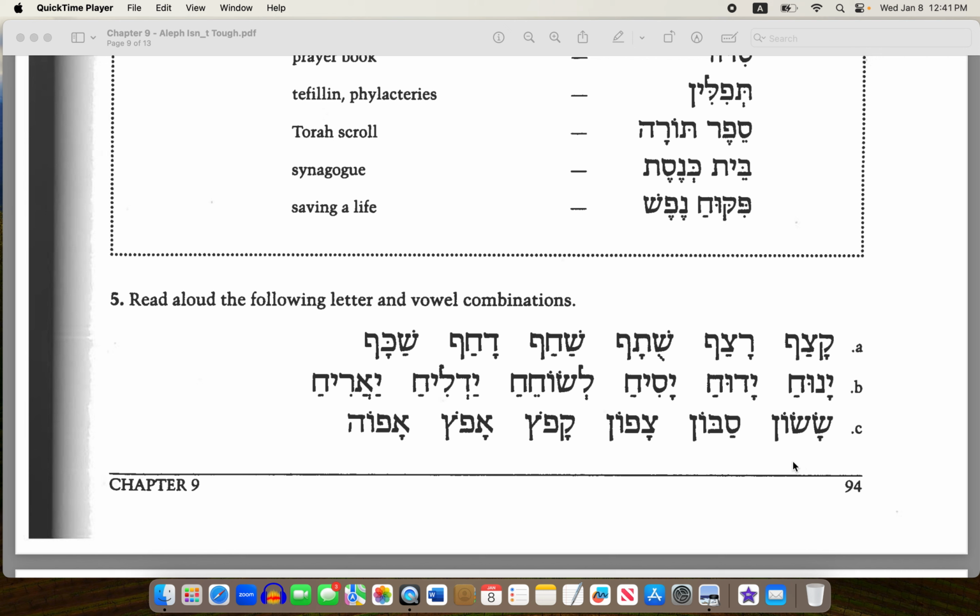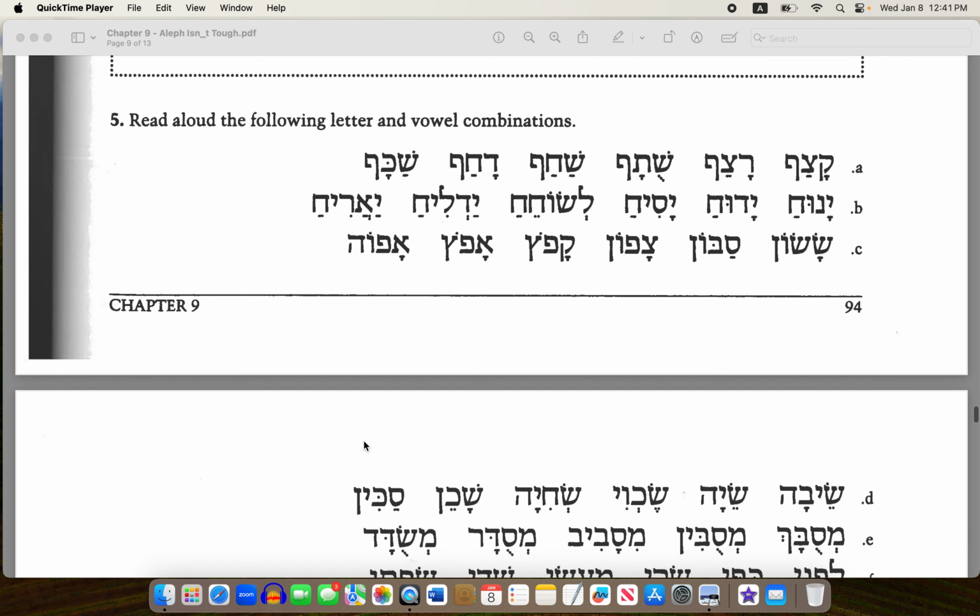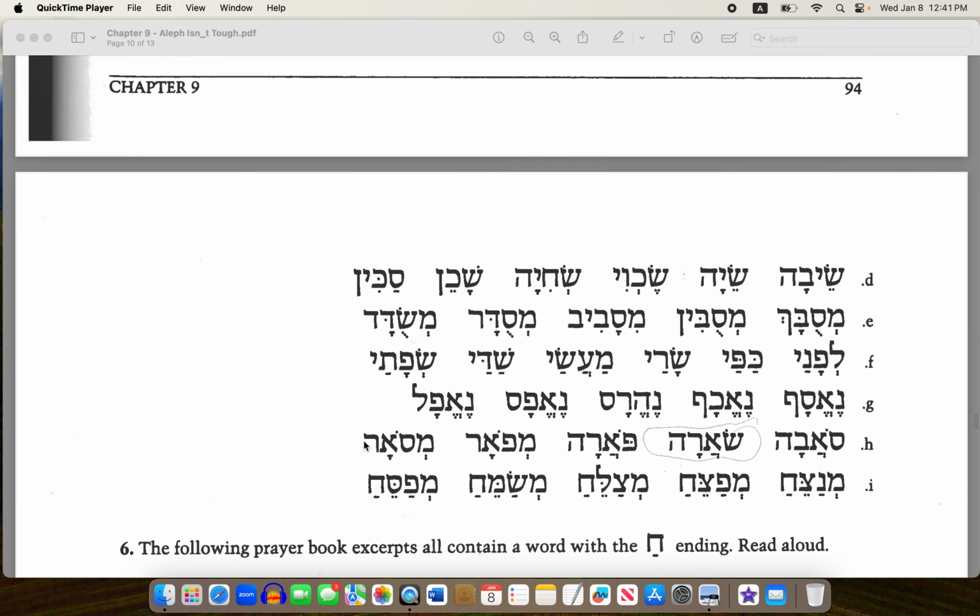Line C. Sason, Sabon, Safon, Kafots, Afots, Afo. Top of page 95.